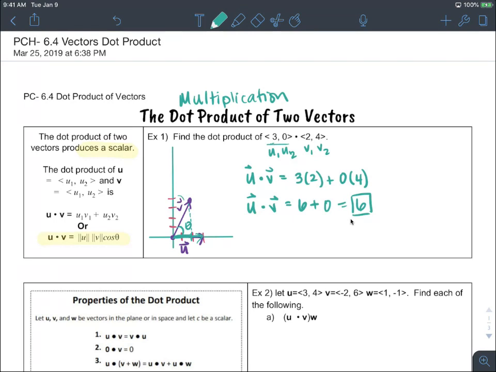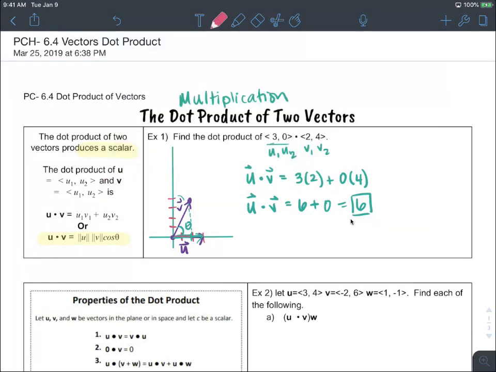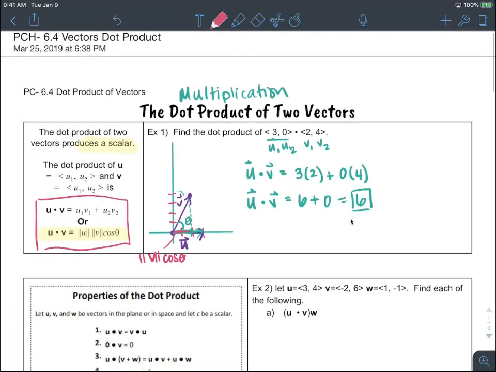The overlapping part right here, I'm doing it in pink, is the magnitude of v times the cosine of theta. And that gives me another way to get my dot product. Remember these two calculations are a little bit different. If you don't have theta, you're going to use the first one. If you have theta, you're going to use the second one.